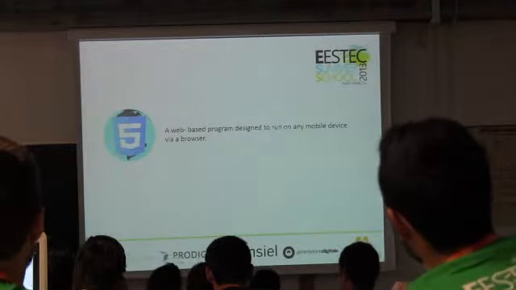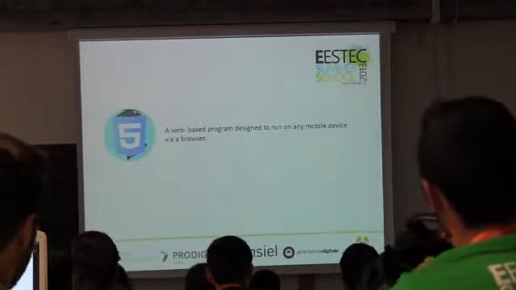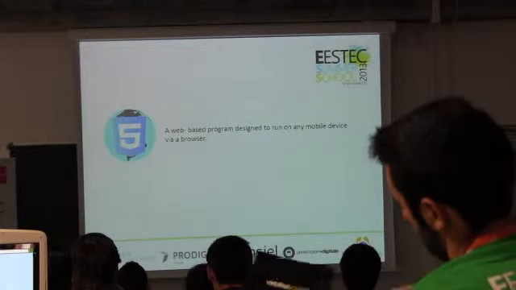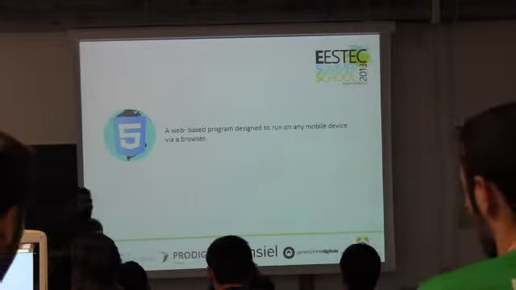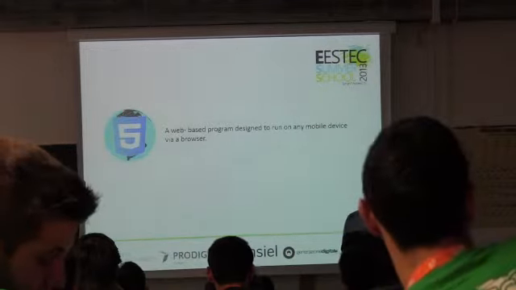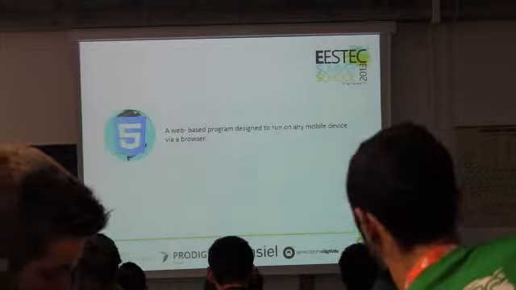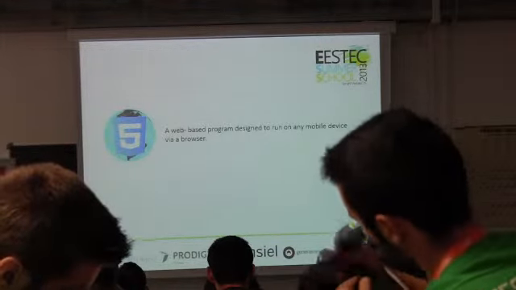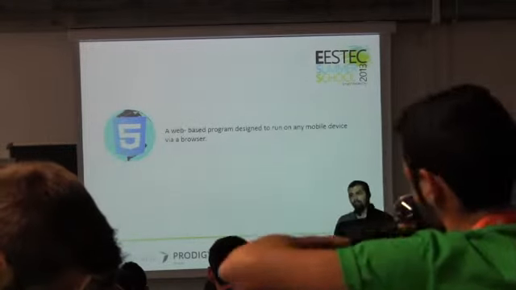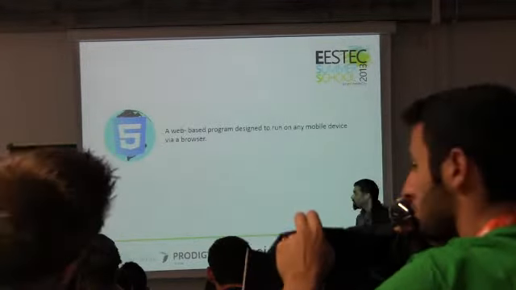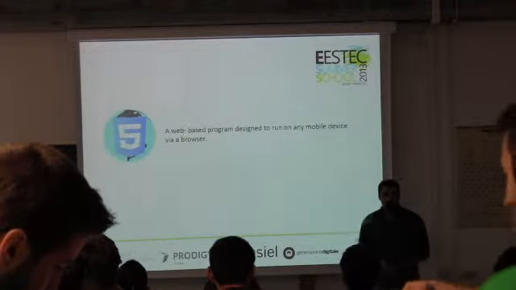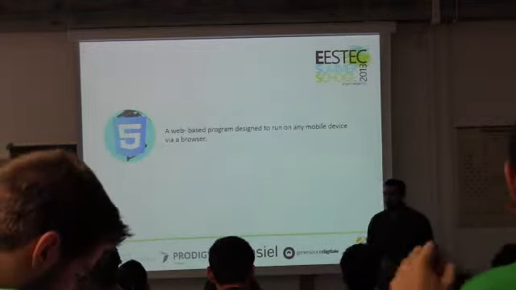Then we have HTML5 web apps. What are they? A web-based program designed to run on any mobile device via a browser. It's nothing too complicated. You develop a web application with HTML5, CSS and JavaScript, the front end of a web page, and then you'll have a web page. You can browse it on a smart mobile platform via a browser.